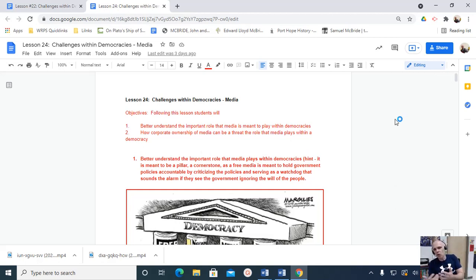Media is now controlled by corporations, and therefore rather than being a pillar of a democracy, a cornerstone of accountability, instead they are there to further a very specific agenda. So Rupert Murdoch owns Fox News. He's a billionaire. There's certain things that he'd like government to pass and certain things he wouldn't.